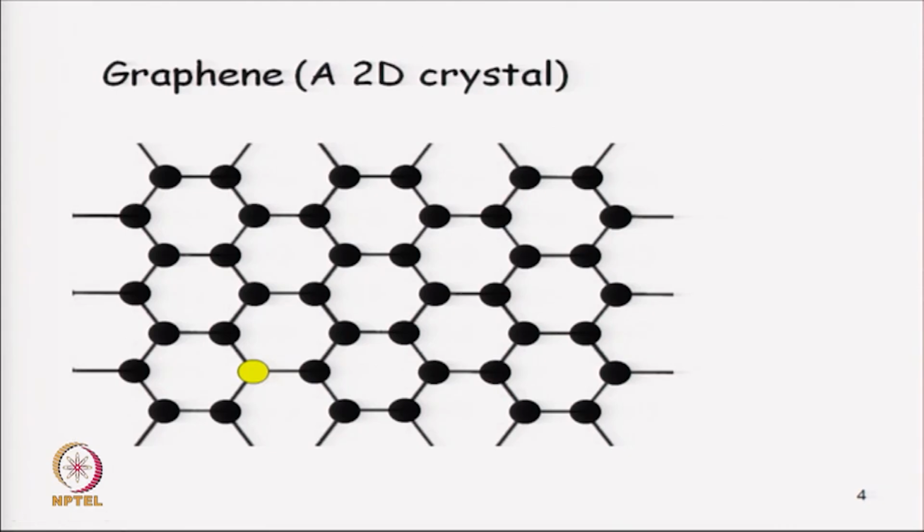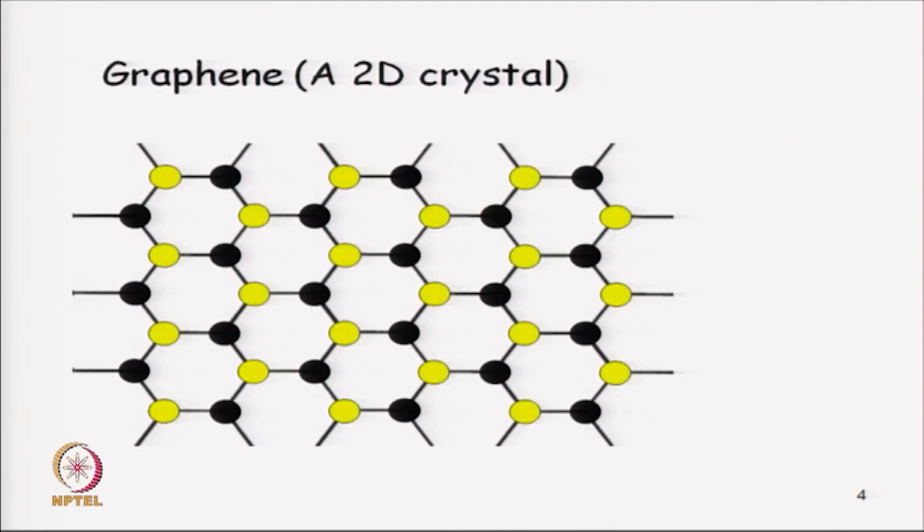If I now mark all the equivalent lattice points, then I get this set of yellow atoms, the alternate atoms, as my lattice points. The lattice will be formed by all these yellow atoms. The black atoms, or the centers of the black atoms, will not be part of my lattice.